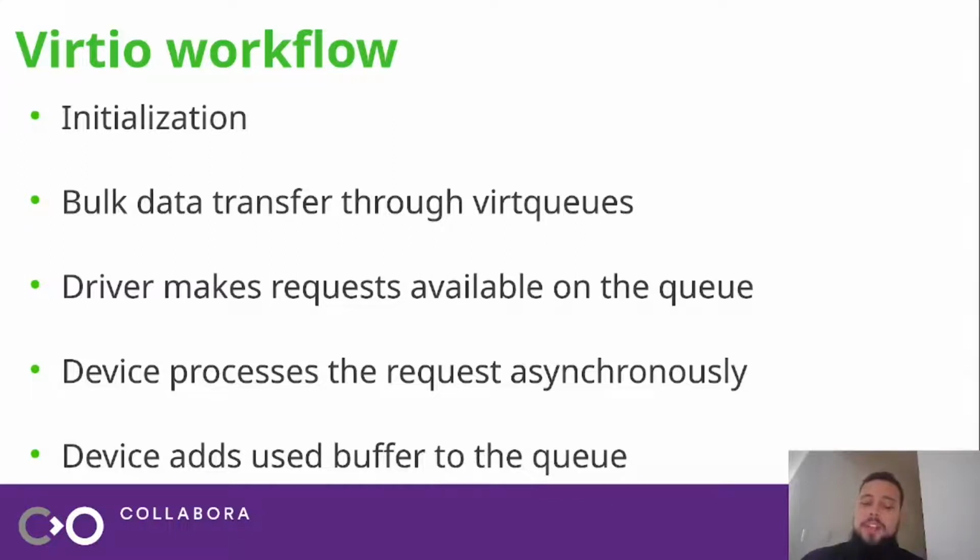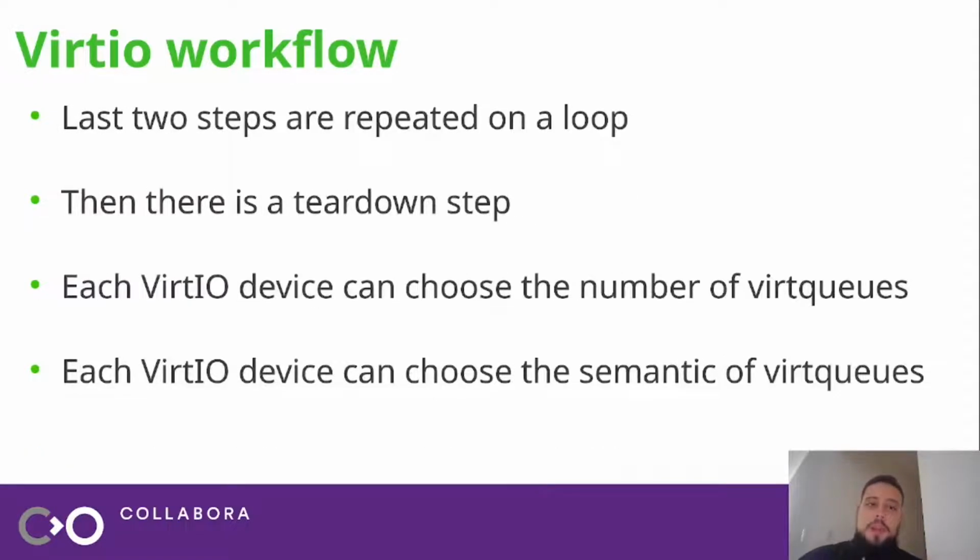It will be given a chance to extract that response and possibly translate it somehow, or even relay it back to user space. These last two steps are repeated in a loop until there's no more data to transfer. When there's no more data to transfer, there will be a teardown step. And each Virtio protocol or Virtio device will be able to choose the number of virtqueues and the semantics of the virtqueues used.